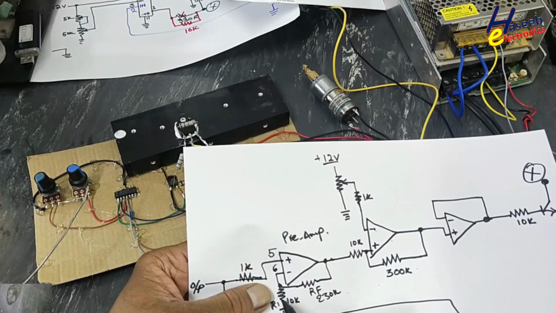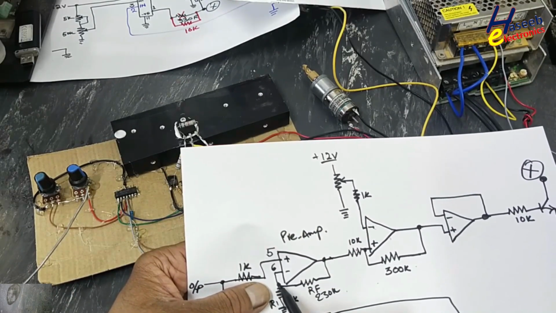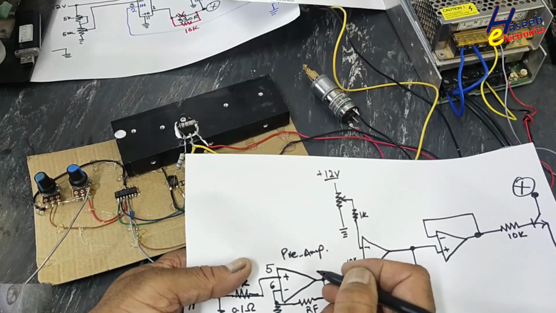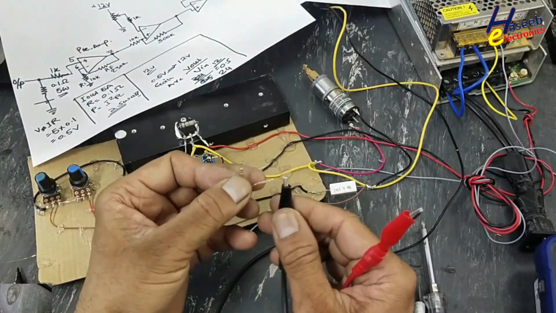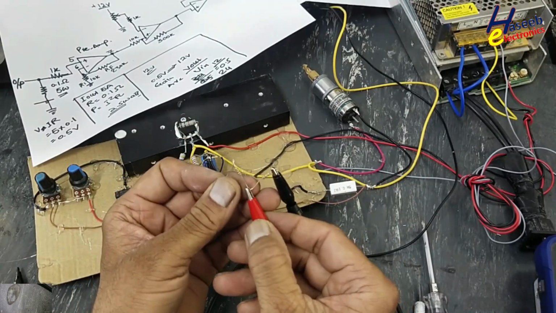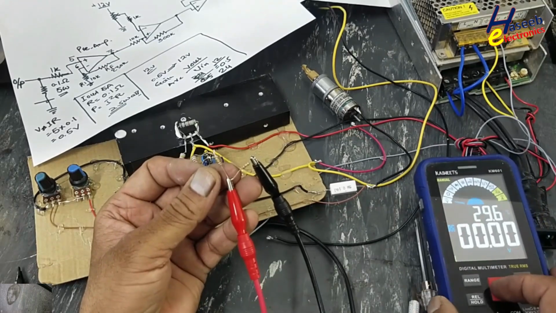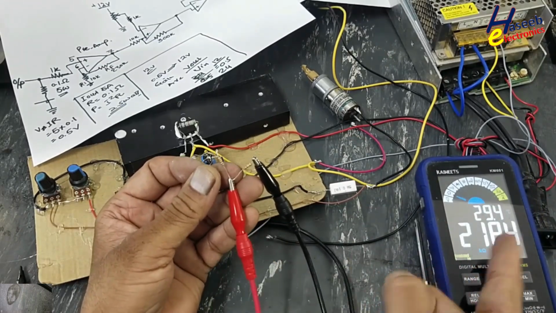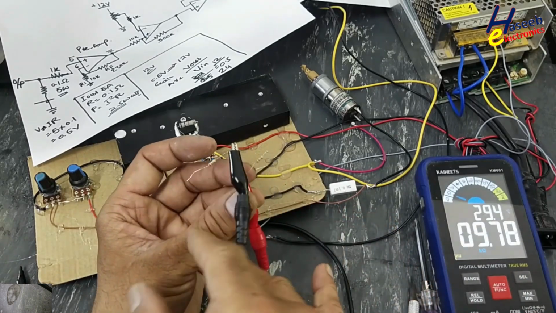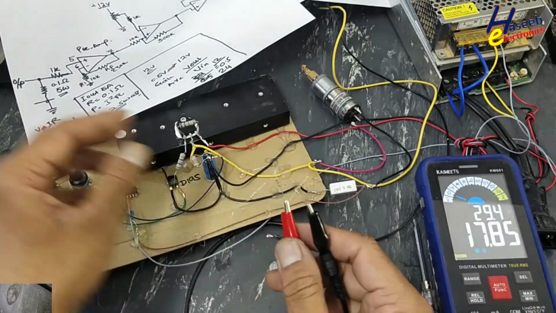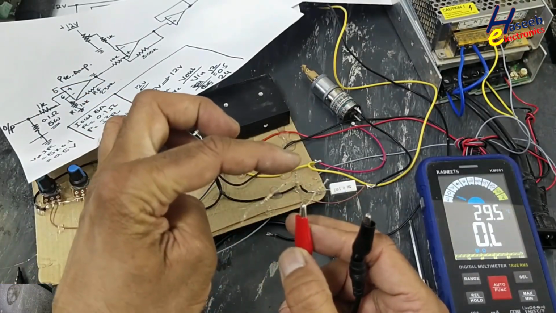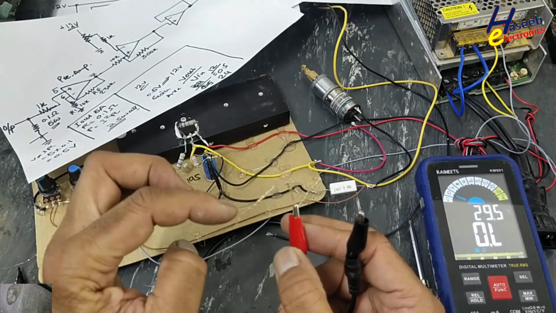Pin number 6, we will need a 10k resistor connected with ground and a 230k resistor between pin 6 and pin number 7. I don't have 230k, so I connected 220k and 10k, two resistors in series, between pin number 6 and 7, and this 10k resistor will be connected to ground.